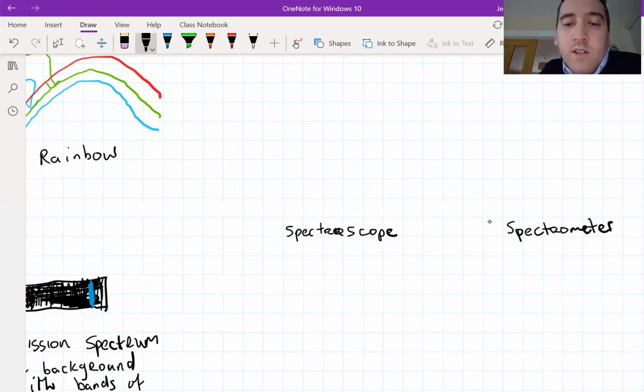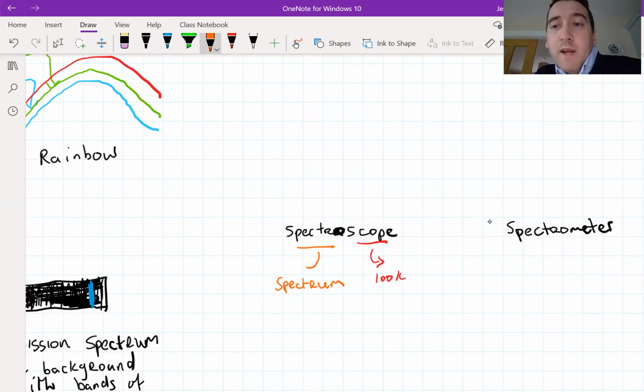Very similar words, spectroscope, spectrometer. What's the difference between these two things? Well, scope just means look. So a spectroscope was just used for looking at a spectrum.